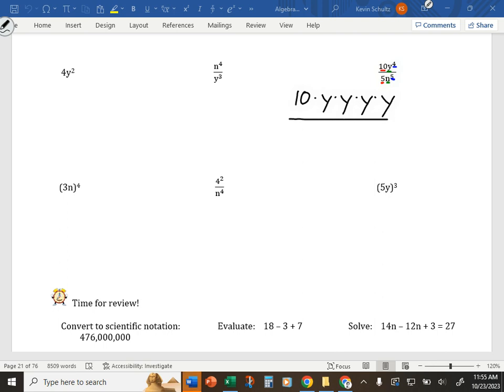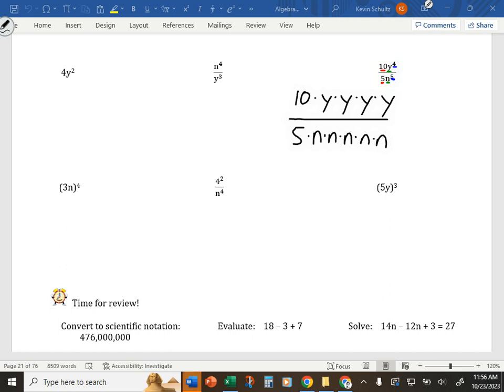That's it. Nothing fancy. In our denominator, what's 5n to the 5th written out in expanded form? Yeah. 5 times n times n times n times n times n. Right. Again, only one 5, because there are no parentheses linking the coefficient to the base. And then we have 5 n's.